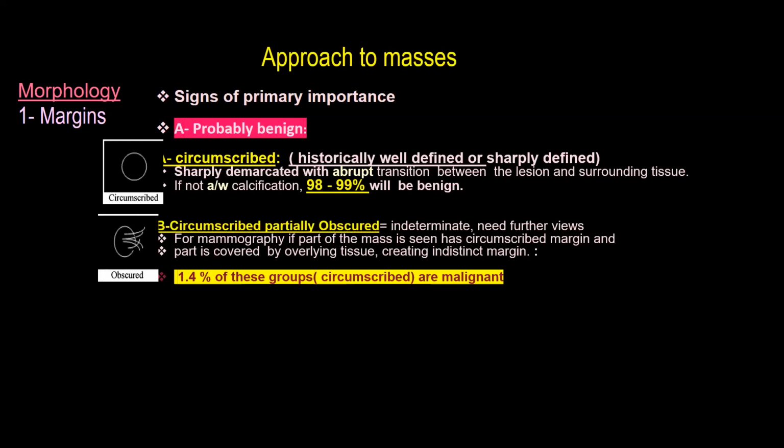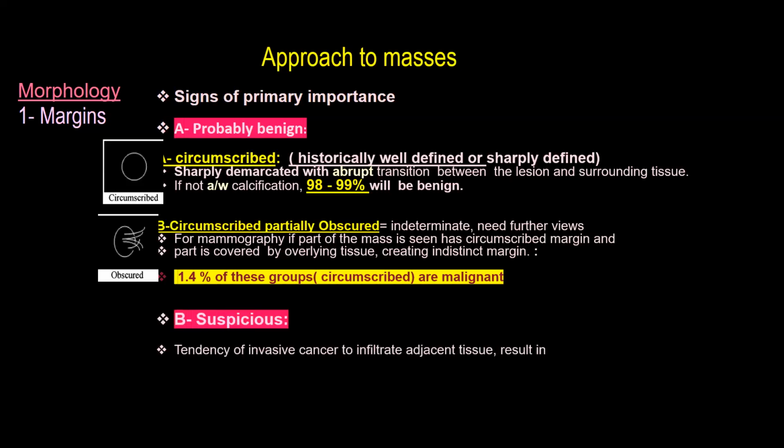Okay, and as we mentioned, within BIRAD category 3, because still we have 1.4% of circumscribed masses can be malignant.